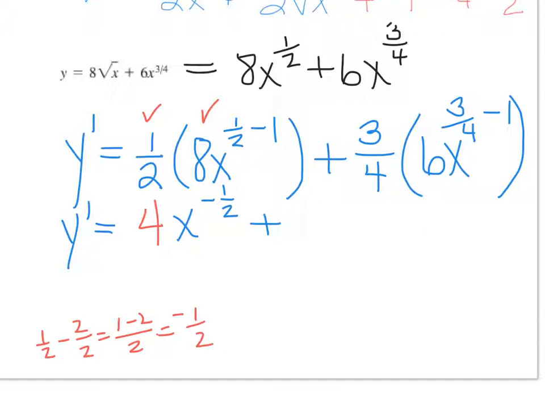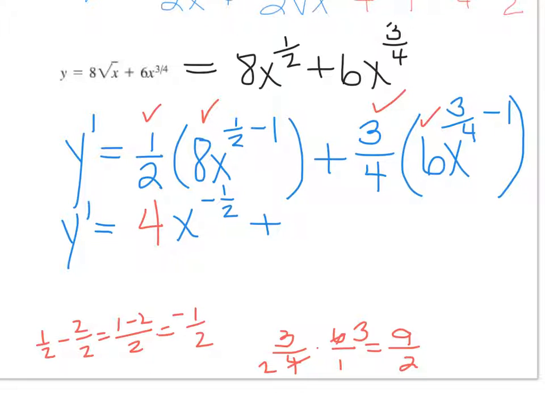Now we'll work on the second term. 3/4 times 6 will be 3 over 4 times 6 over 1. And you could cancel and reduce by saying 2 goes into 4 2 times, and 2 goes into 6 3 times, and then 3 times 3 is 9, over 2 times 1 is 2, and you could leave that as 9/2.